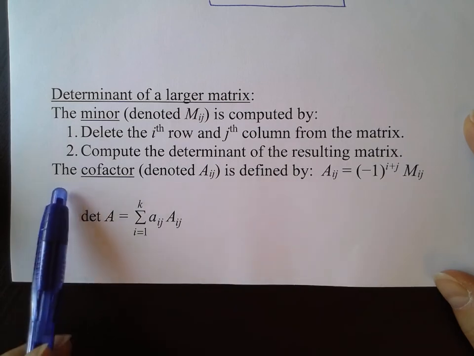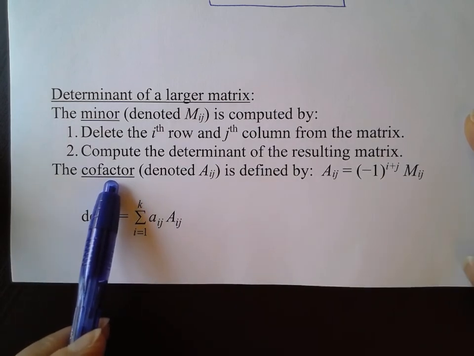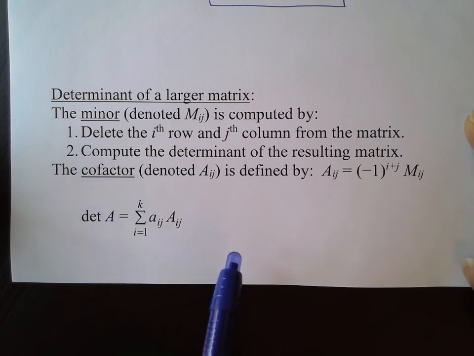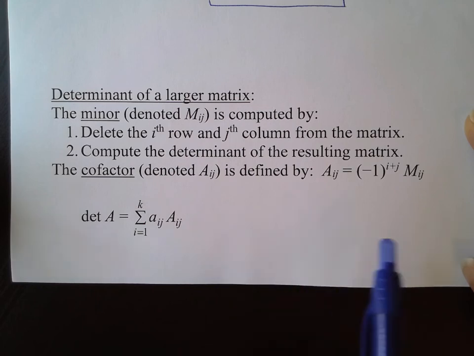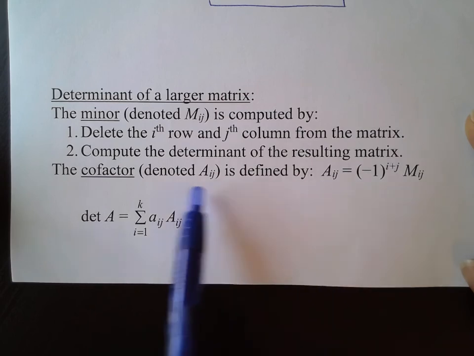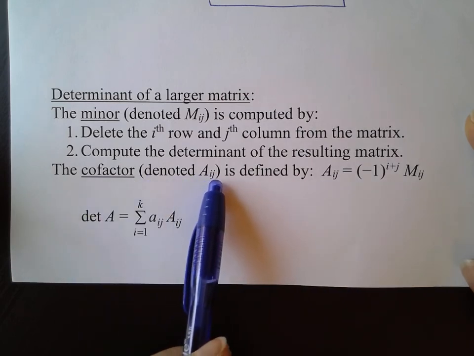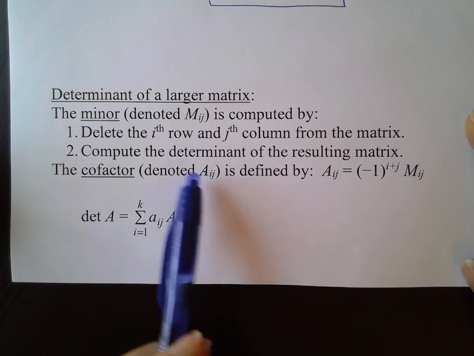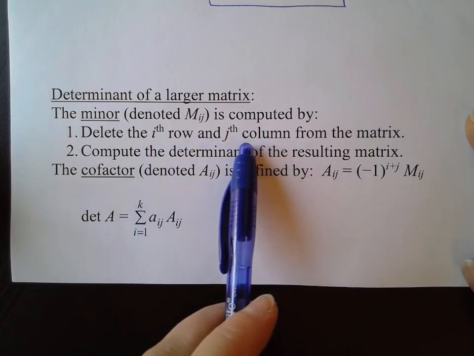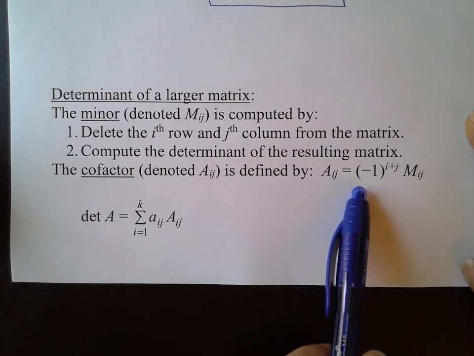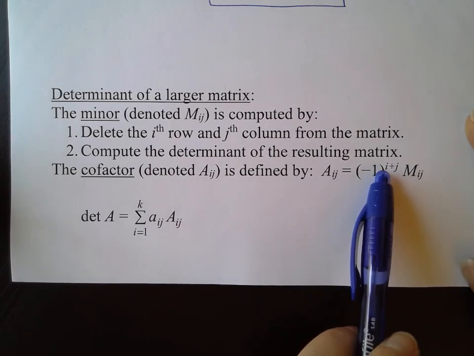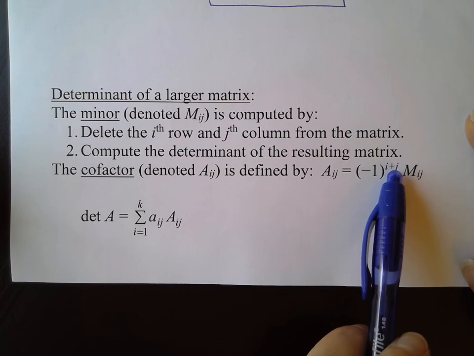Okay. And then the cofactor is a lot like the minor, but when we calculate the determinants of these smaller matrices, we're going to be adding them up. And when we add them, they alternate sign. So the first one will be positive, second one negative, third one positive, fourth one negative, and so forth. And so the cofactor, we use Aij, it's the coordinates, where the I is still row I and the J is still column J. And we're going to multiply by -1 to the row plus column power.